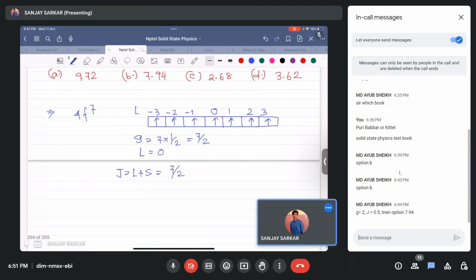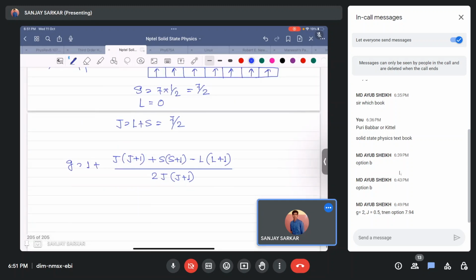And G is 1 plus J into J plus 1 plus S into S plus 1 minus L into L plus 1, divided by 2 into J into J plus 1.